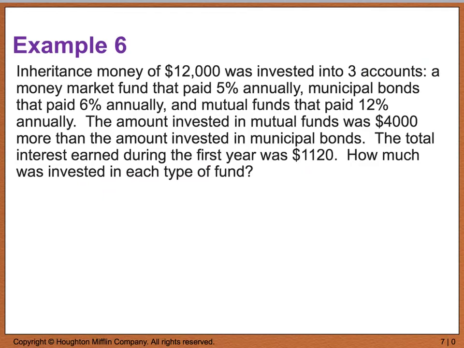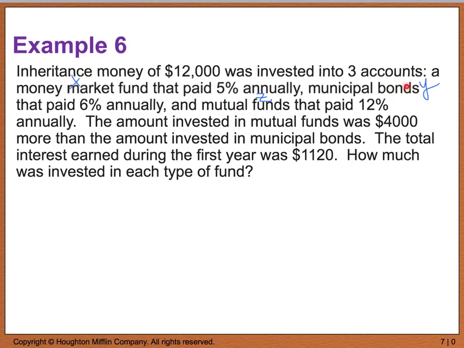The first thing I'm going to do is mark with an X, Y, and Z what each fund is. Money markets are going to represent X. Municipal bonds is going to be Y, and my mutual funds is going to be Z. Now anytime I mention X, Y, or Z, this is what they correspond to.